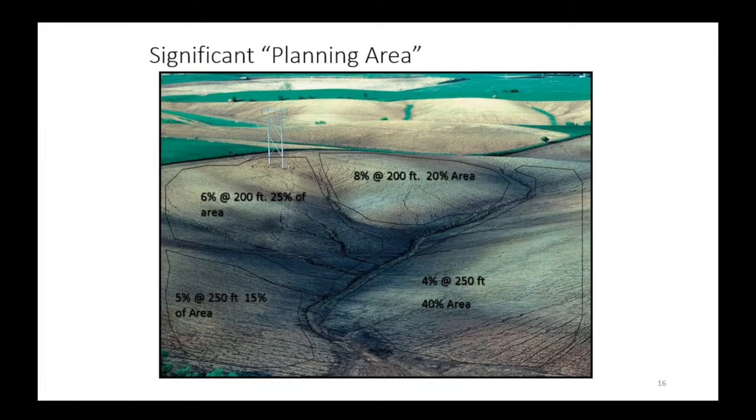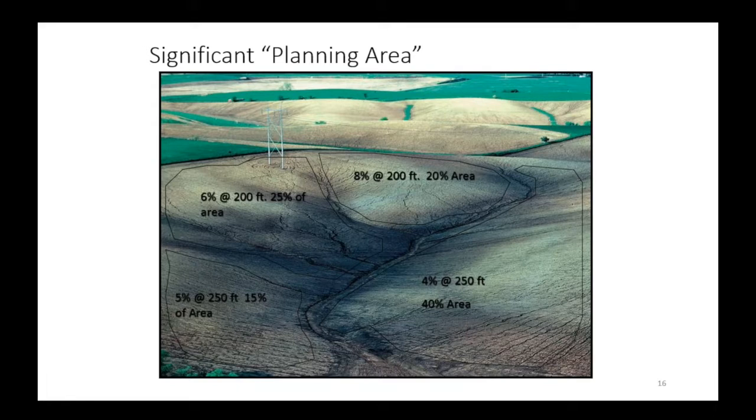Here's an example of significant planting area. Sometimes significant planting area can be a little challenging in that we may have an area that is 4% at 250 feet that may be, in this example, 40% of the area, but it may be adjacent to an environmentally sensitive area, such as a wetland or near a perennial water body.